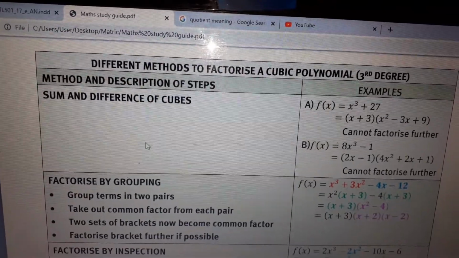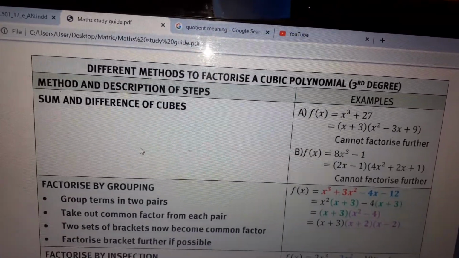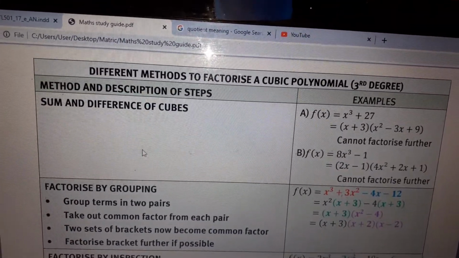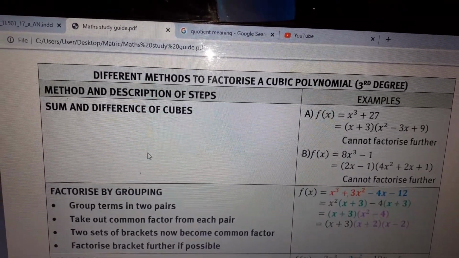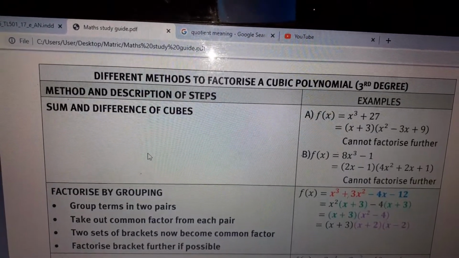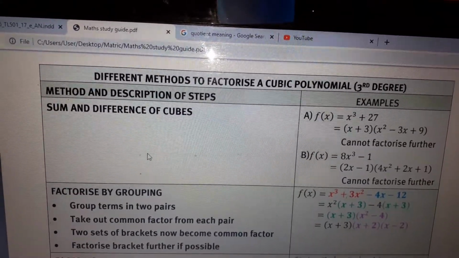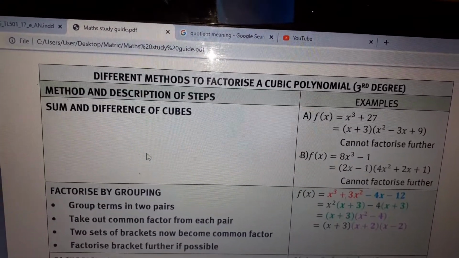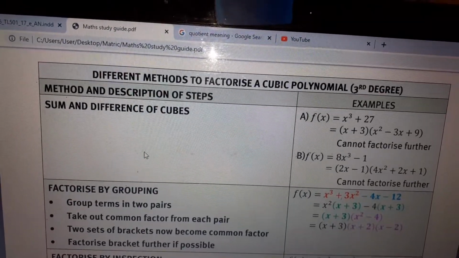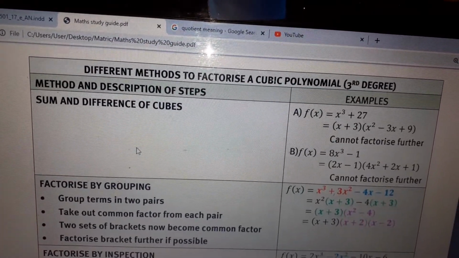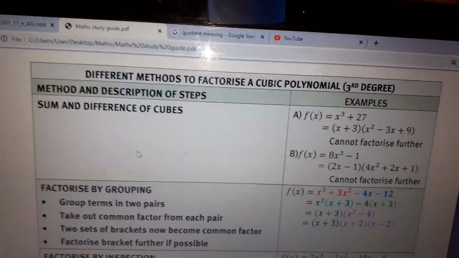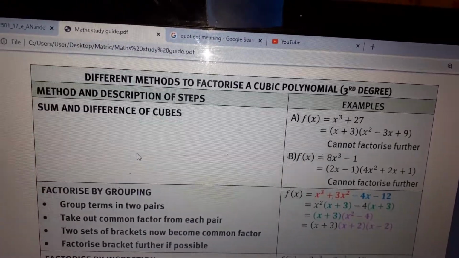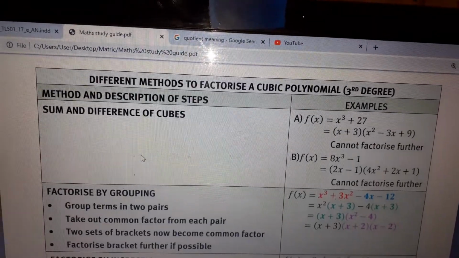And remember, factorization by grouping does not work for all cases when factorizing cubic polynomials. It's only in special cases that this kind of method is valid.